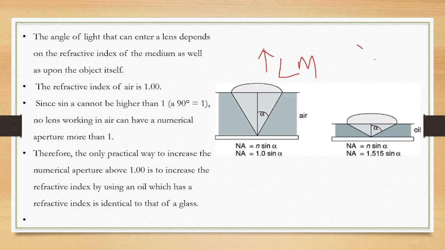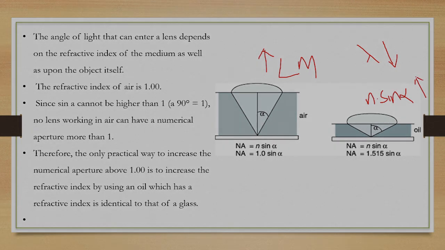One is that you decrease the wavelength, and also you increase the refractive index and the angle of aperture. That means the sin alpha. If you increase these, these two factors help to have a better resolution.